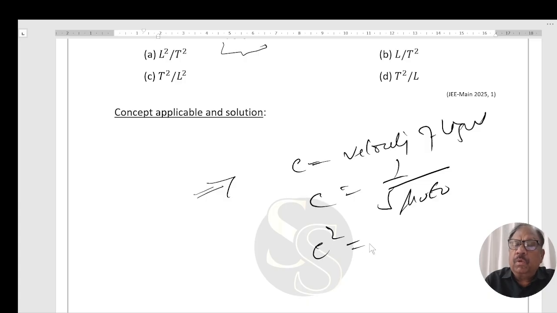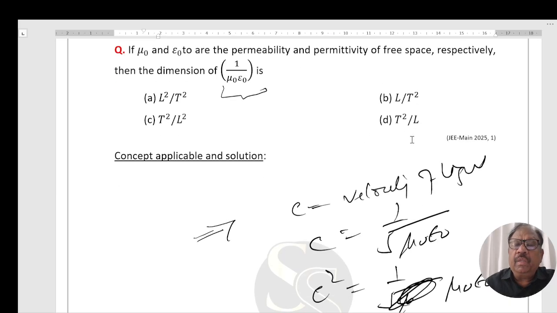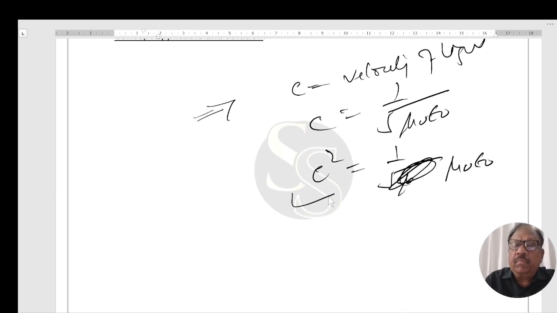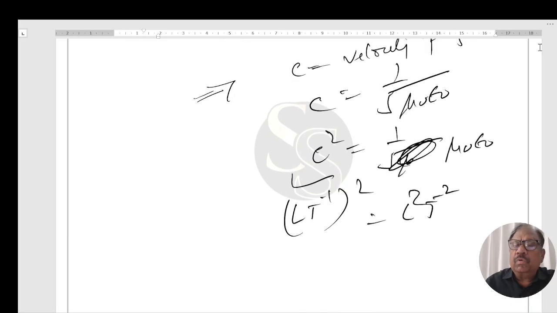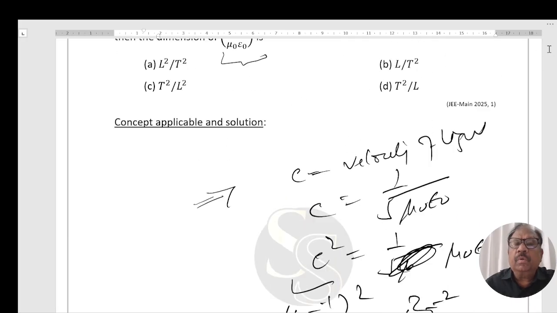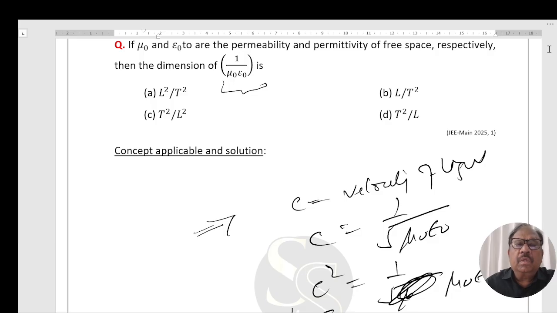So C square will be equal to 1 over mu₀ epsilon₀. We have to find the dimension, so it will be (LT⁻¹) whole square, that is L²T⁻², that is L² upon T². A is the correct answer, right?